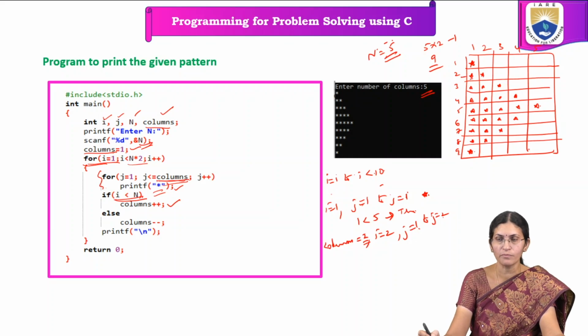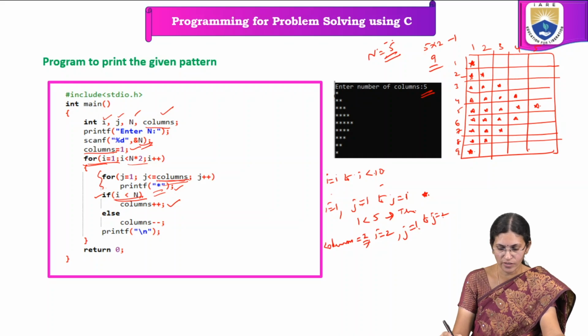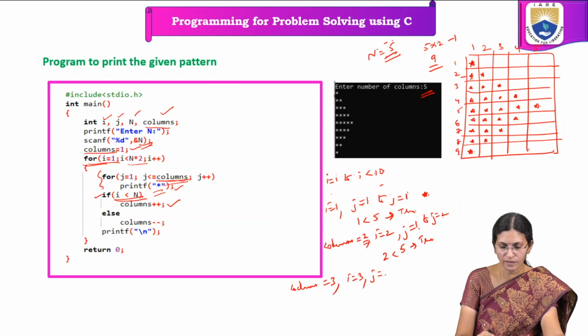After that this condition is checked: 2 is less than 5, the condition is true, so the columns value is again incremented by 1. Now columns is equal to 3, for i equal to 3. j will take values from 1 to j less than or equal to columns, that is 3. So 3 stars are printed: 1, 2 and 3.